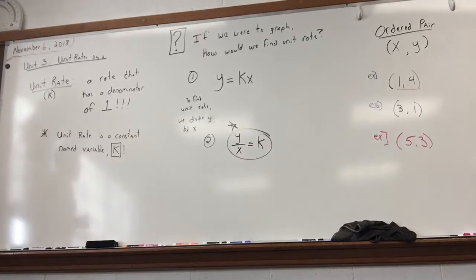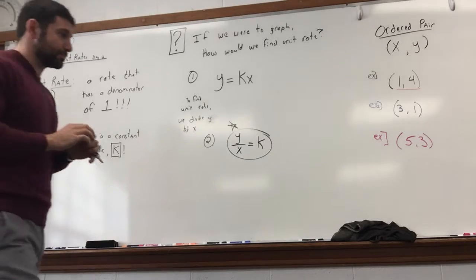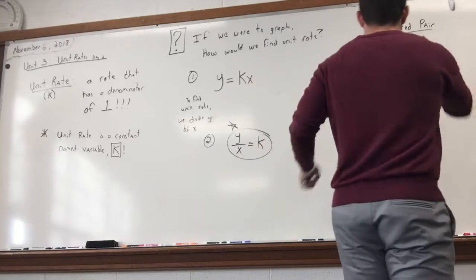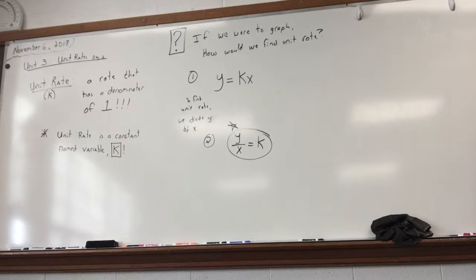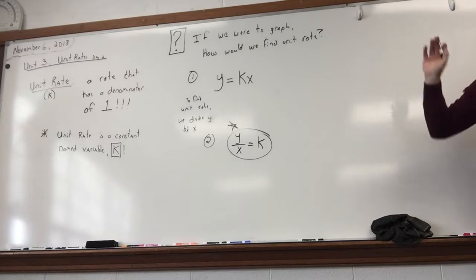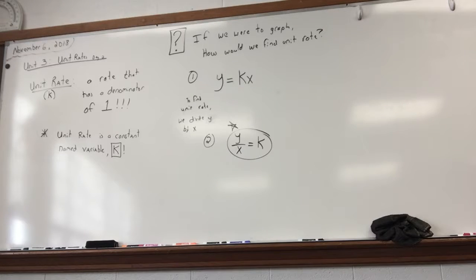To find the unit rate, we take our y's and we divide it by x. So listen again, to find our unit rate, we take our y, we divide it by x. Okay? Y divided by x. If you have been lazy and not copying down anything, I would copy down this and the next example. Everybody with me?